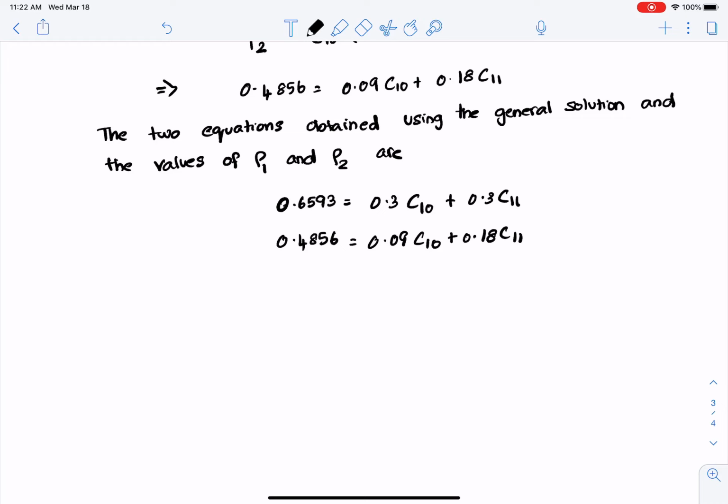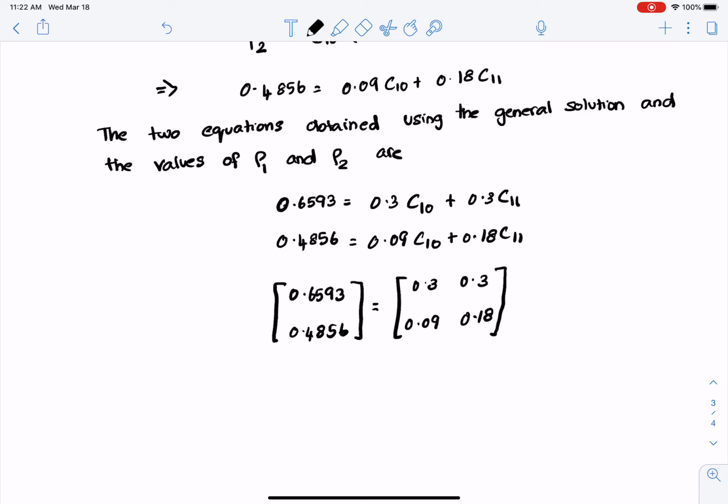So we could rewrite these two equations, which form a system of equations, using a matrix. So 0.6593, 0.4856 as a vector would equal 0.3, 0.3, 0.09 and 0.18 multiplied by C10 and C11.